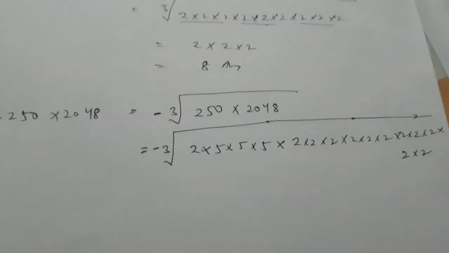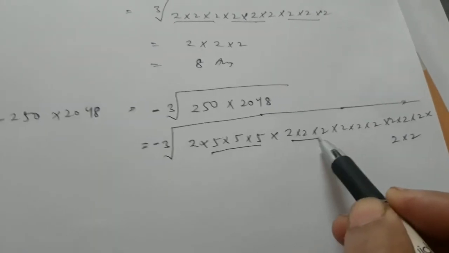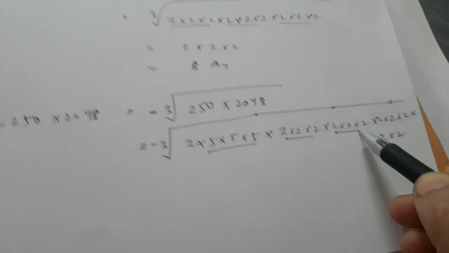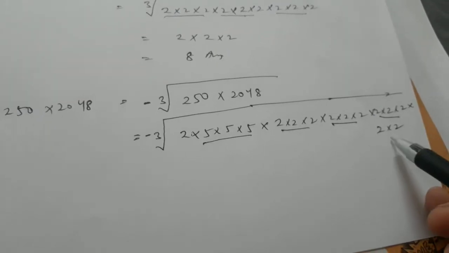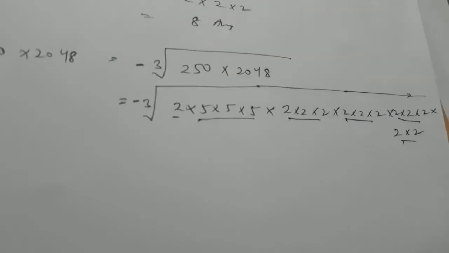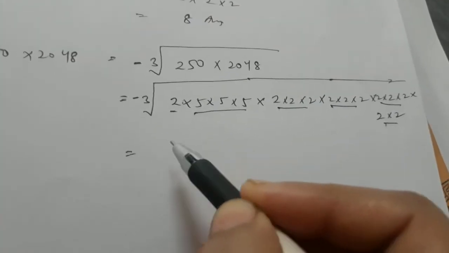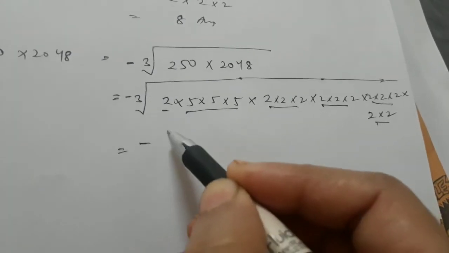So now pairing up these 5s, these 2s, these 2s, these 2s, and these pair. So I hope the pairing is clear. So the minus sign will be here only.